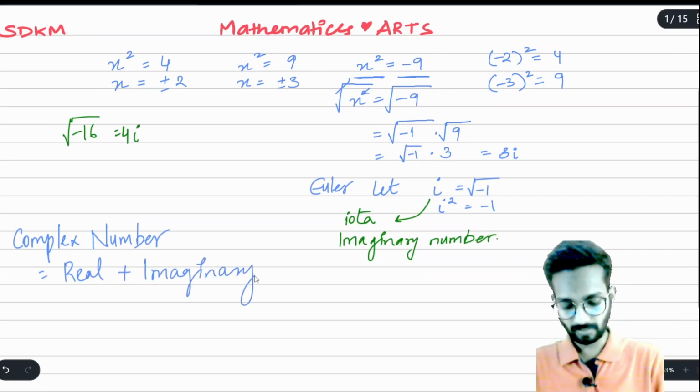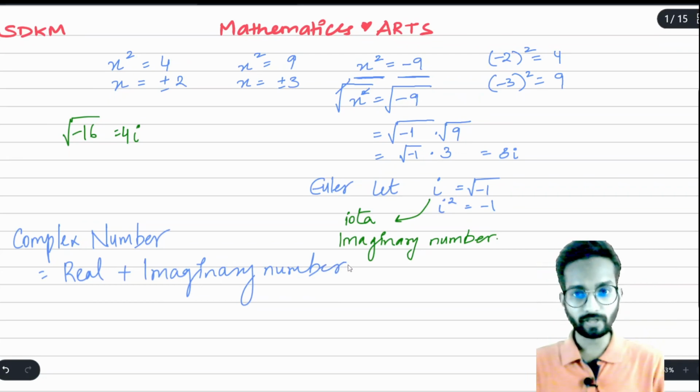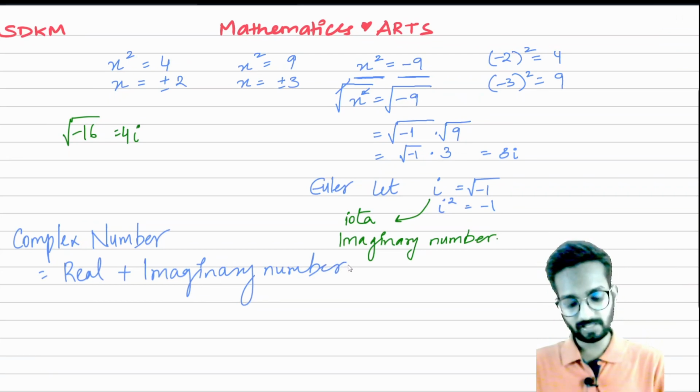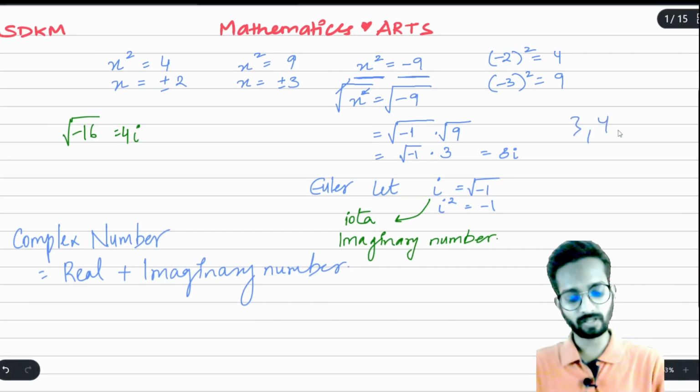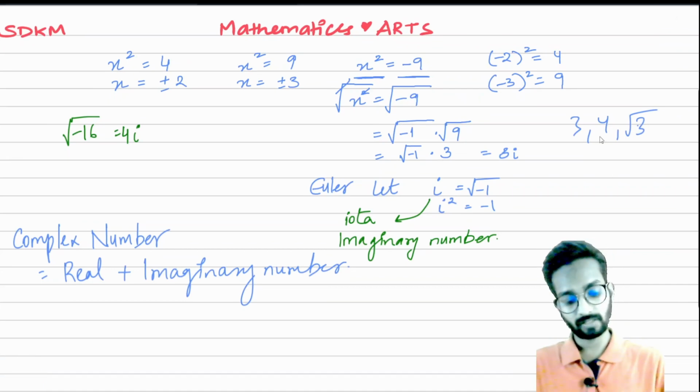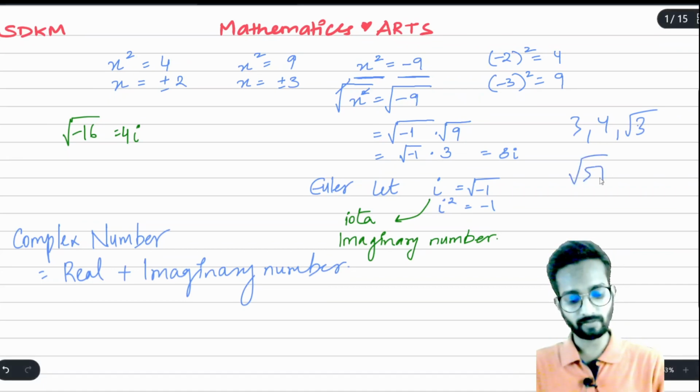If they are talking about an imaginary number, it means there would be this iota. And what is a real number? Real numbers are everything we already know: 3, 4, negative 3, root of 3, not root of negative 3, root of 57, or 65, minus 2, everything is a real number.